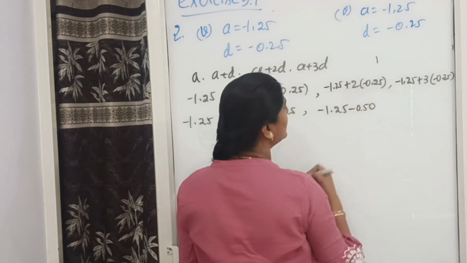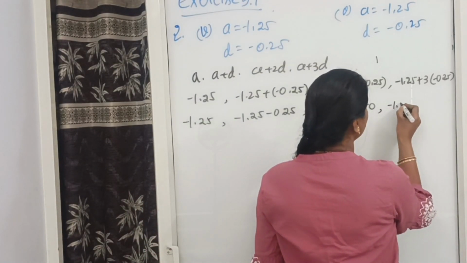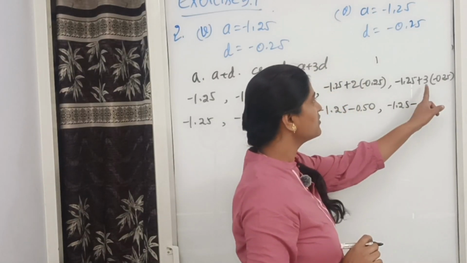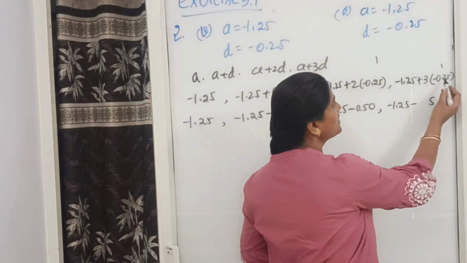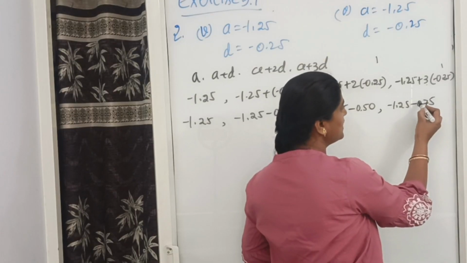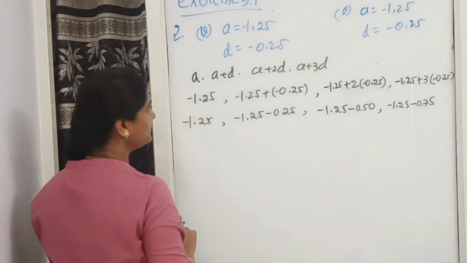After 2 decimal places, keep the point like that only. Again you have to multiply: 3 fives are 15, 1 carry. 3 twos are 6, 6 plus 1 is 7. 3 into 0 is 0 only.